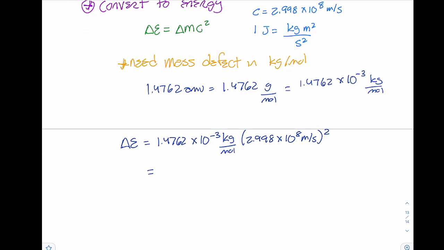And I got 1.3, where are we for significant digits here? We're at 4 of them, 1.327 times 10 to the 14th, and then just looking at units, I have kilograms meters squared per mole second squared, and this part here is joules. We go back up, that is joules.